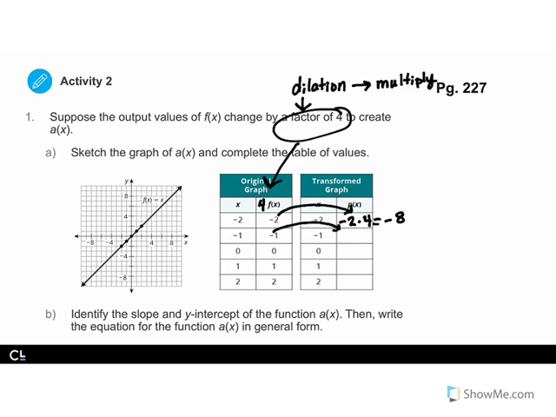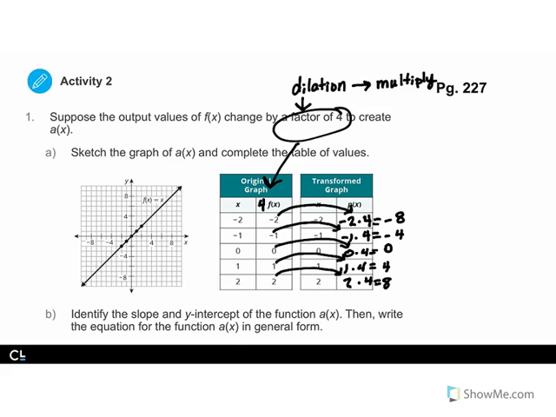I'm going to take negative 1 times 4, which is negative 4. Here I'm going to take 0 times 4, which is just 0. 1 times 4, which is 4. And 2 times 4, which is 8.